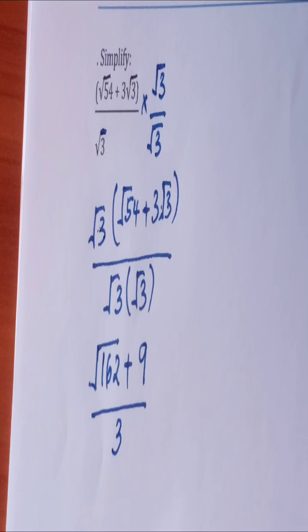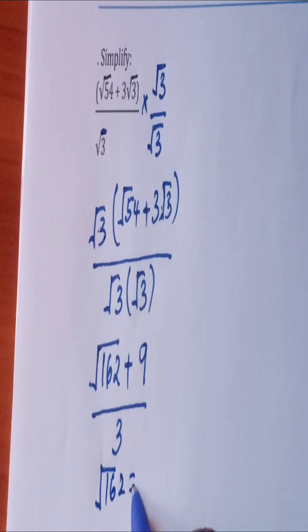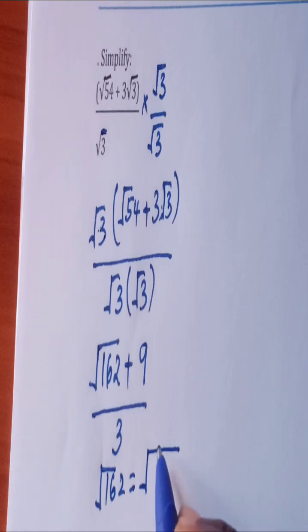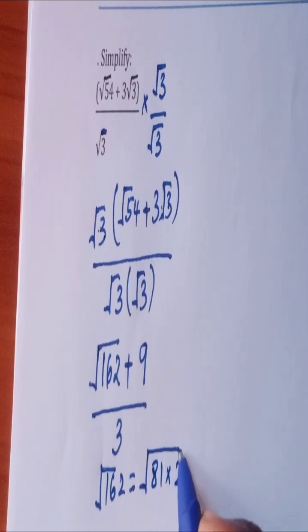Now let's go ahead and simplify root 162. It can be written as root 81 times root 2. In other words, if you multiply root 81 times root 2, you get root 162.